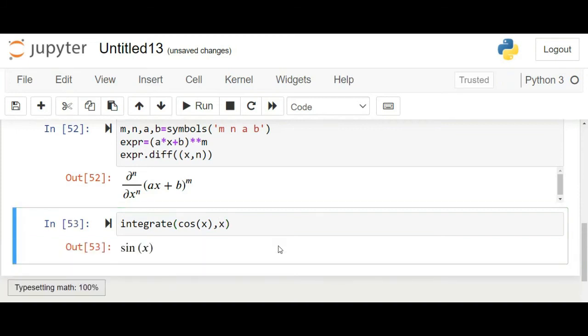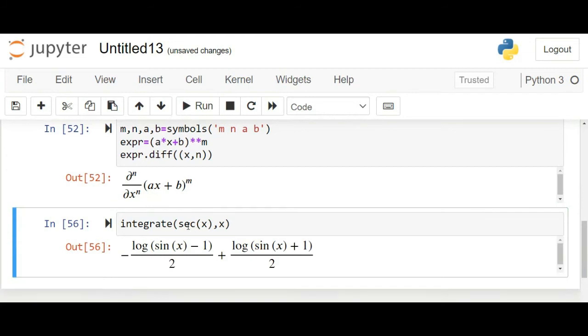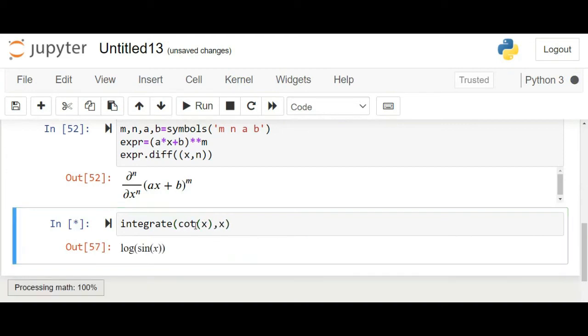Very simple, control and enter. Similarly, if we write the integration of sin x, then it will be of course minus cos x. In the same way, tan x, then our answer will be minus log of cos of x. And if we write secant x, our answer will be secant x. And if we write cot x, our answer will be just like as.